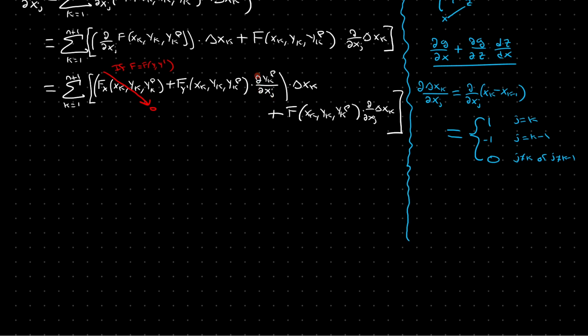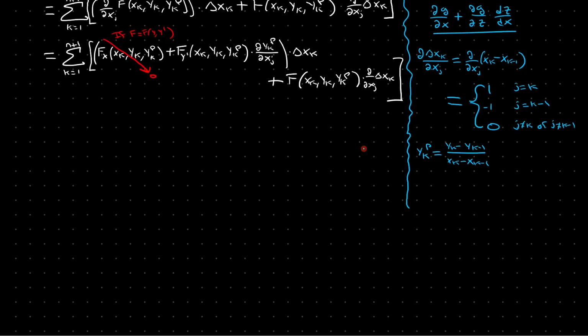The derivative with respect to xj of ykp is a little bit more complicated, but not that much more complicated, because remember we're using the backwards difference method for ykp. This is yk minus yk minus 1 over xk minus xk minus 1. When we take the derivative of it, we have to use the chain rule.